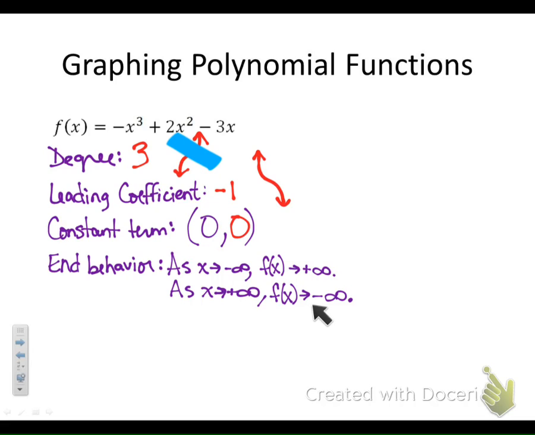We really got to get fluent with how to represent an up arrow and how to represent a down arrow. We're ready for the sketch. You plot the y-intercept, and then we're going to have a curve.